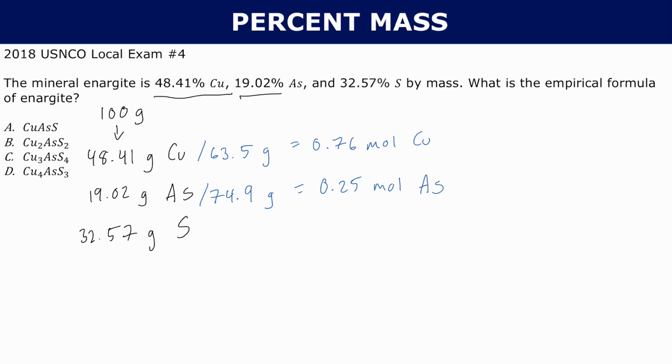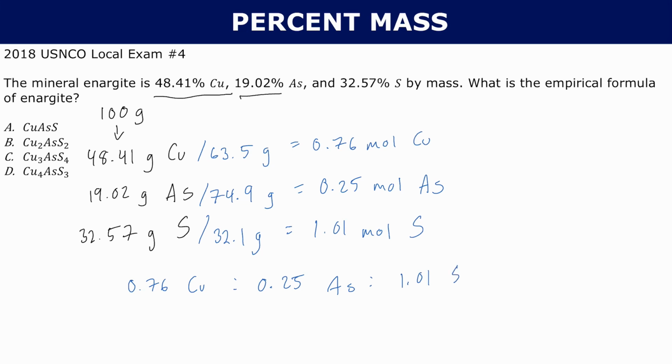And sulfur has a molar mass of 32.1 grams. So that's about 1.01 moles of sulfur. Okay, so empirical formula is a ratio. So the ratio that we have currently is 0.76 copper to 0.25 arsenic to 1.01 sulfur.